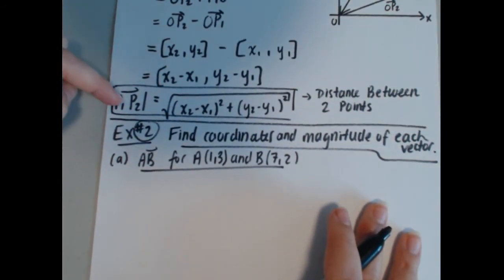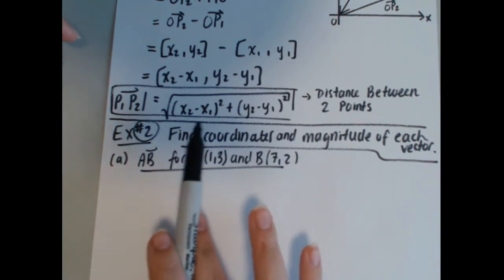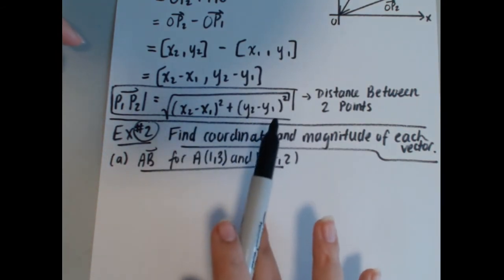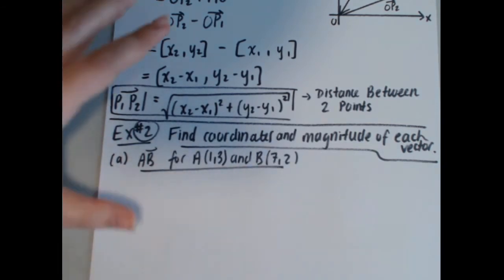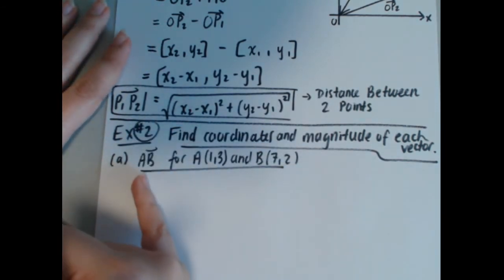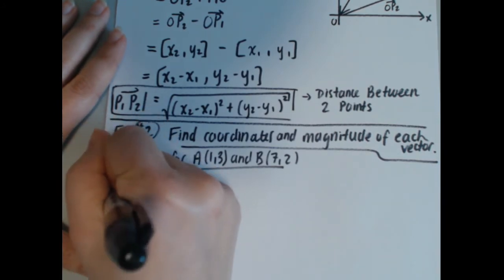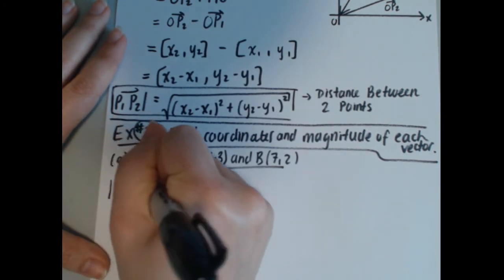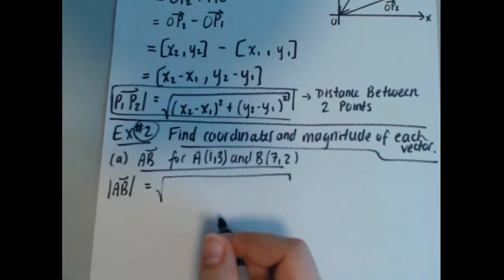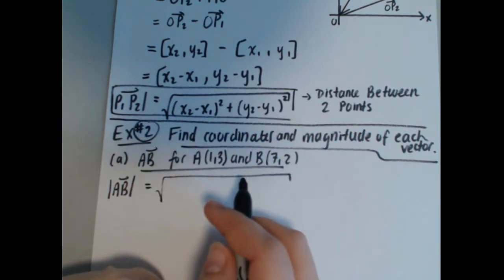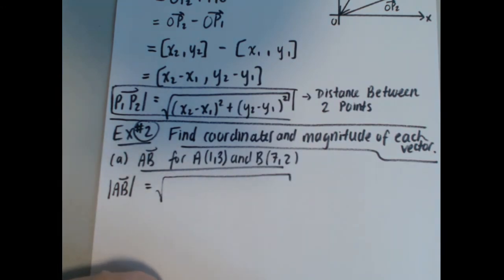All right, so we're going to use that formula. We already know it. If you ever forget it, it might be in the data booklet, but it's something that you can easily derive again. So the distance between A and B, the magnitude of AB, is going to be the square root of their x components subtracted and their y components subtracted, each of those squared.